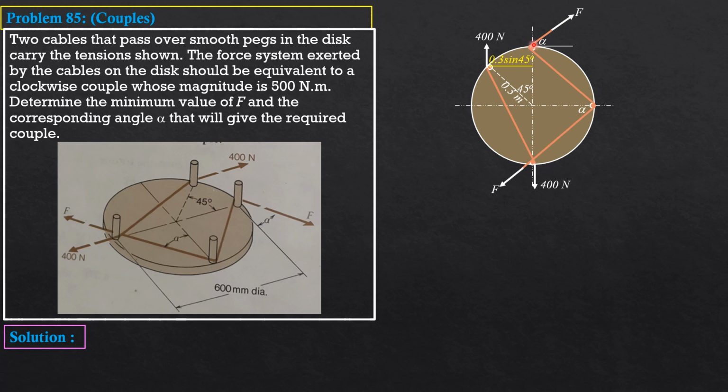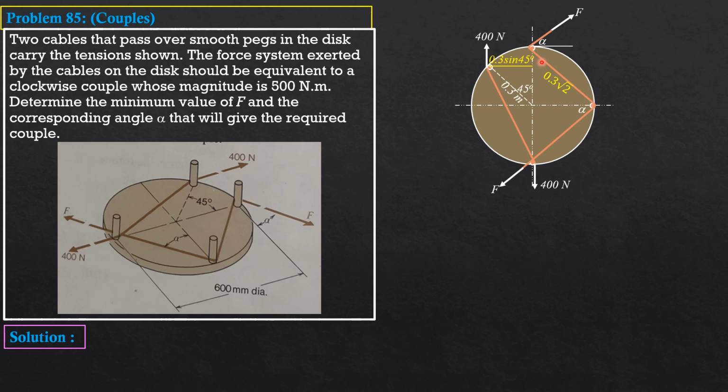For F to be minimum, F should be perpendicular to that, or else it will not be minimum. It will have a greater value because the distance will decrease. So the square root of 0.3 squared plus 0.3 squared, this is the radius, is 0.3 square root of 2 as shown. So take note that F must be perpendicular to this line.